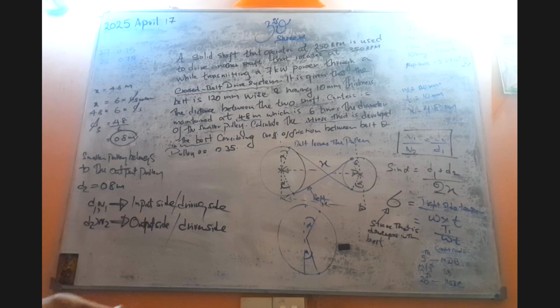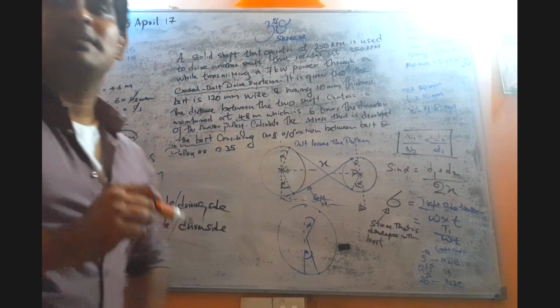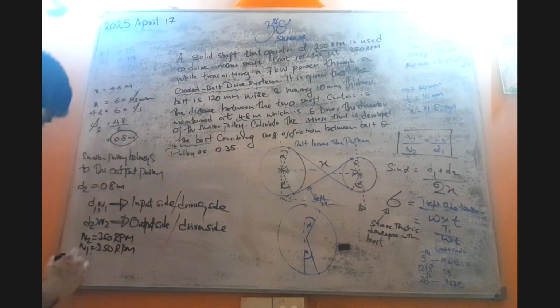N1 is the low RPM and N2 is the highest RPM. So N2 is 350 RPM and N1 is 250 RPM. So 0.8 must be the pulley diameter of the output side. D2 equals 0.8 in meters.